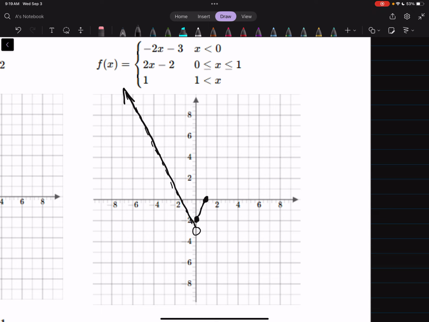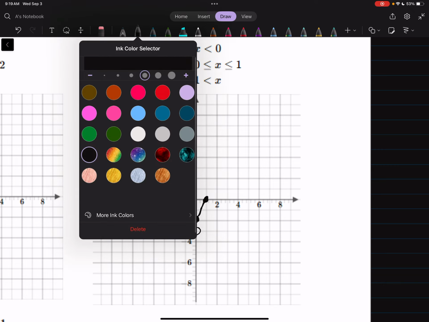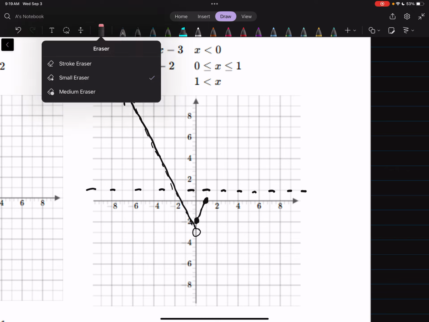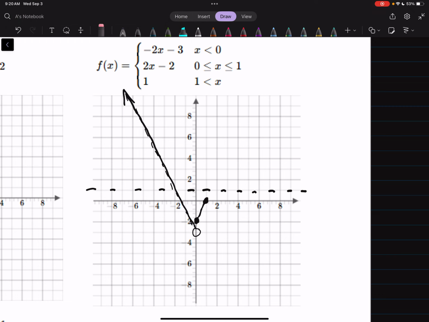The next one says it is the value of 1 when 1 is less than x. So I'm going to go to 1 on my y-axis and do a dashed line. This time I made the lines far enough away from my other functions that I can erase them without having issues.